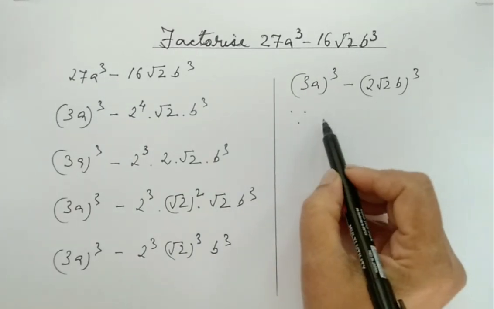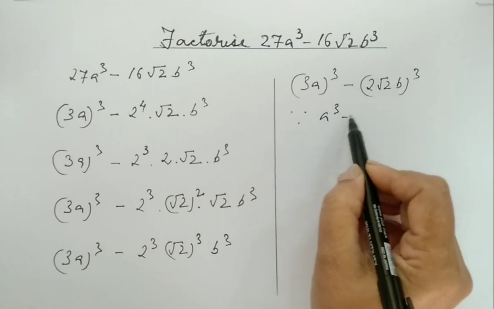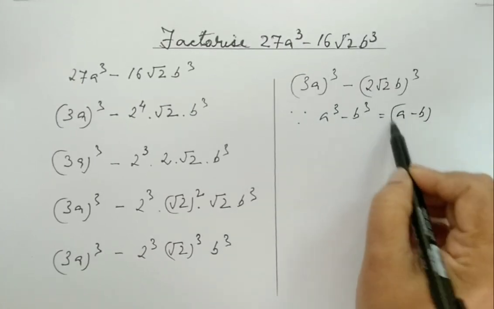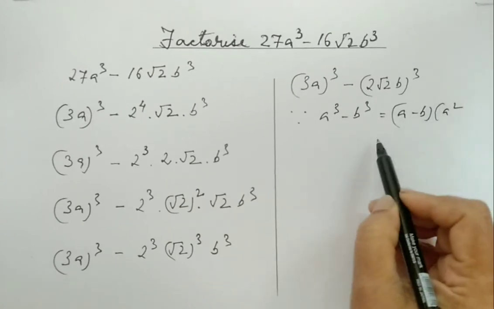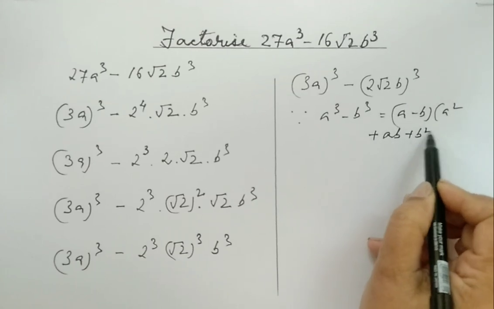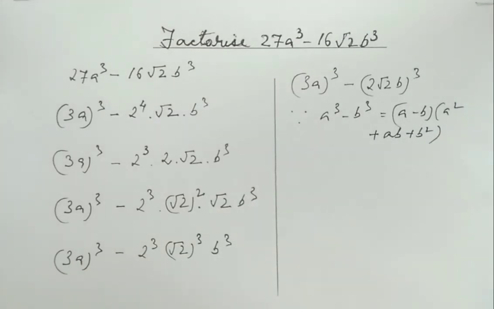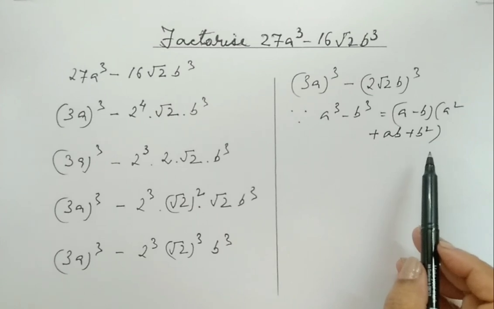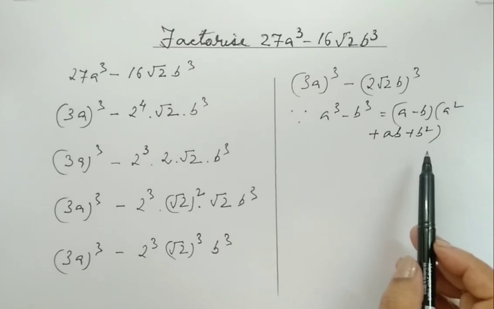Since you know that a cube minus b cube can be written as a minus b and a square plus ab plus b square, isn't it? This is one of the algebraic identities meant for factorization. Clear?